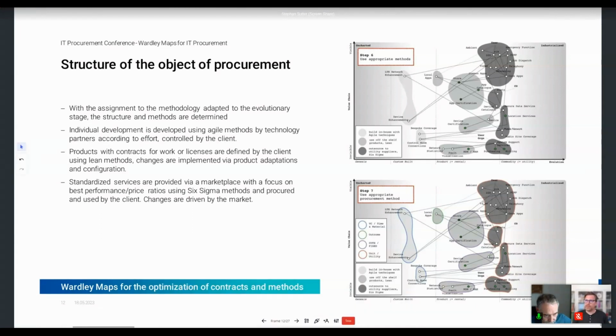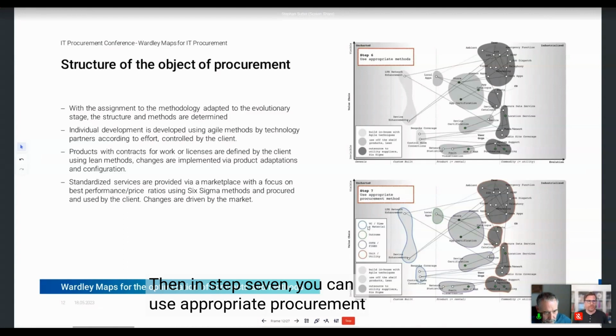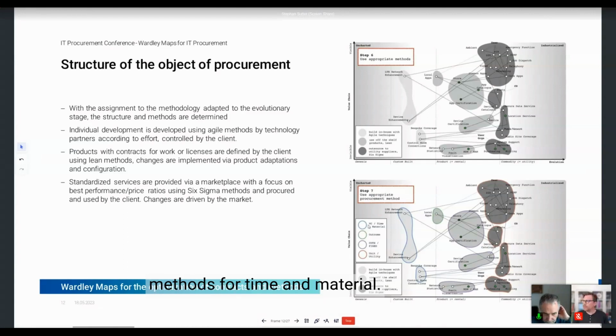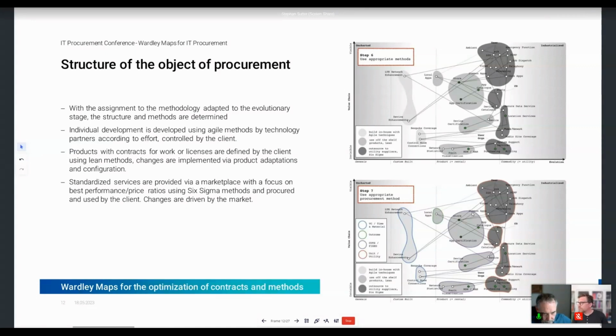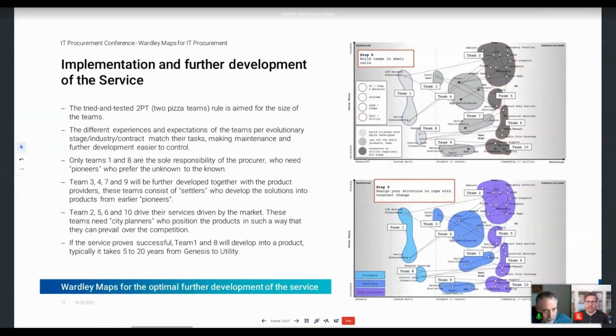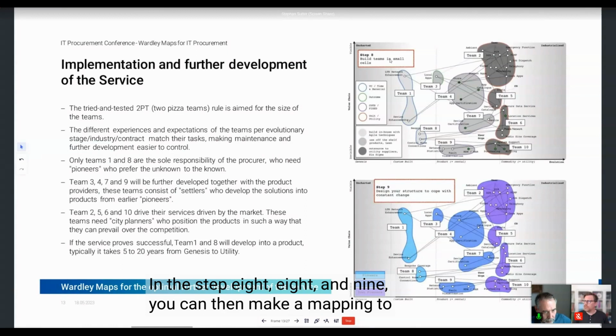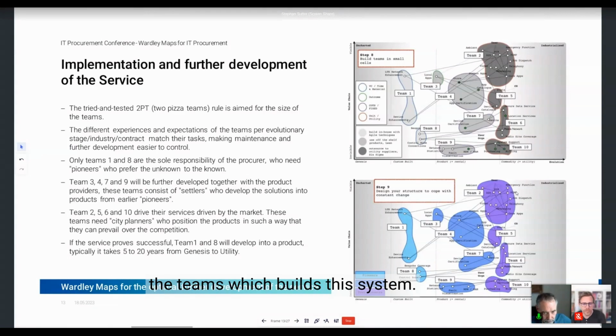Then in step 7, you can use appropriate procurement methods: time and material in the custom build, and the green one is outcome, fixed price, fixed scope for the lilac, and red you buy by unit. And in steps 8 and 9, you can then make a mapping to the teams which build this system.